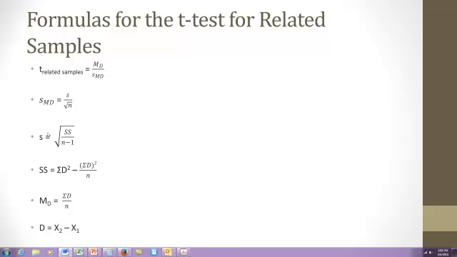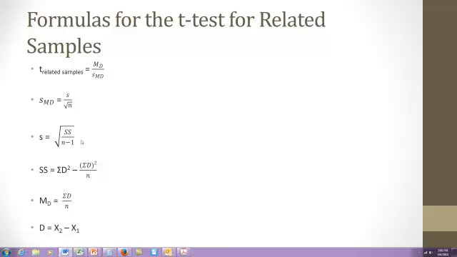But still, if you have a larger standard deviation, you'll have a larger standard error and you'll have a smaller t, all other things being held constant. Then the next formula, the sum of squares. This should look somewhat familiar, but x in the formula has been replaced with D.